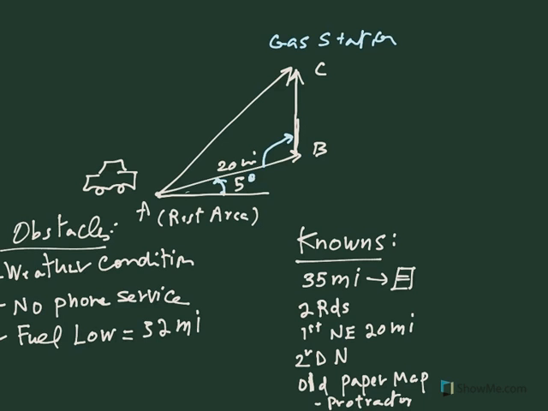Comparing this resultant to where we are, there is no road here. It's not paved. It's a rough road, but the type of vehicle he's driving is able to drive on those types of roads. So that's what he has.